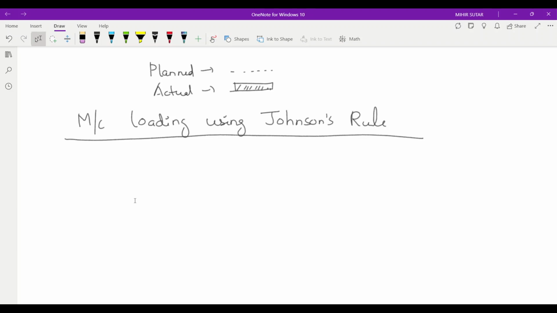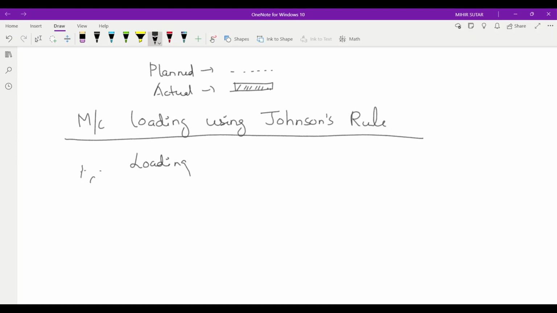Loading is defined as assignment of work to any machine, as well as to men also.